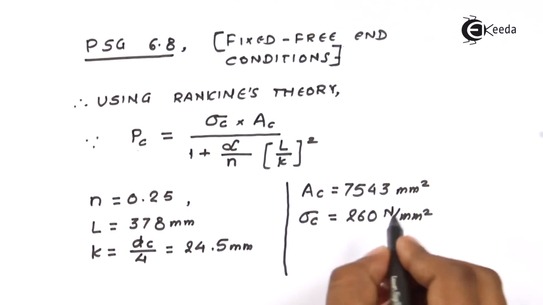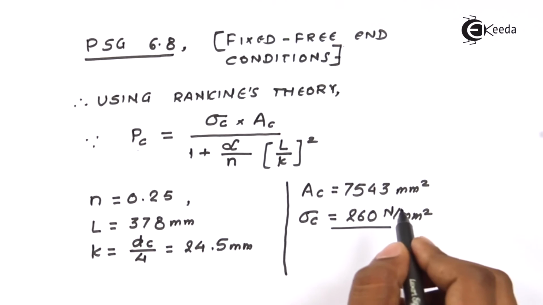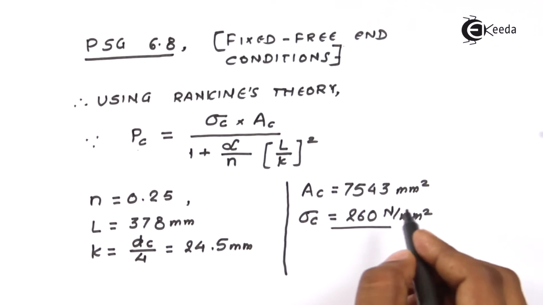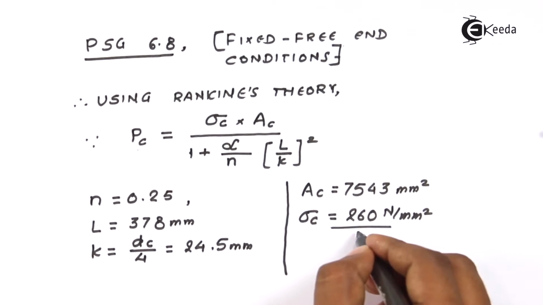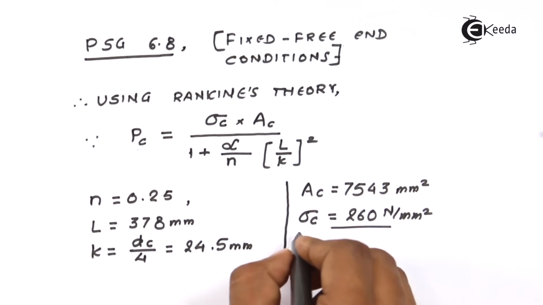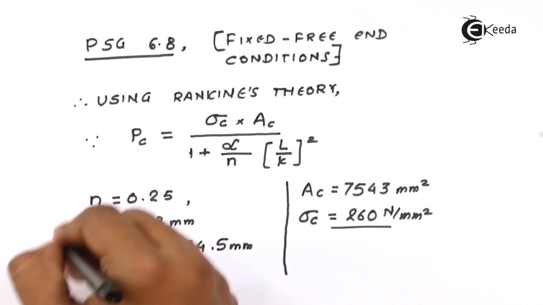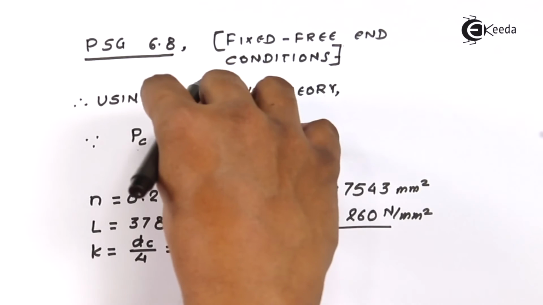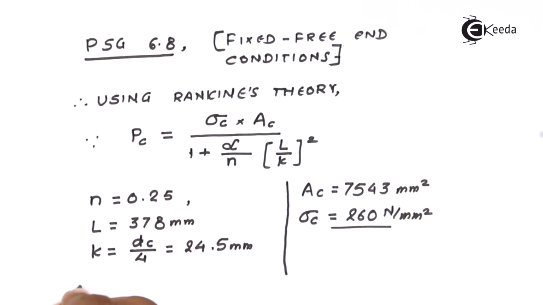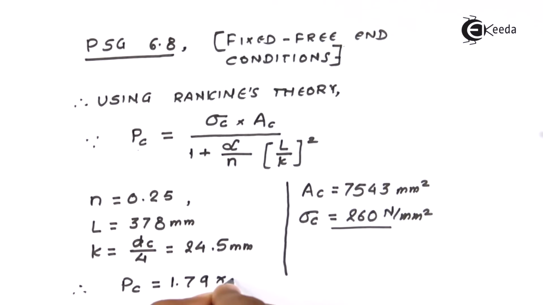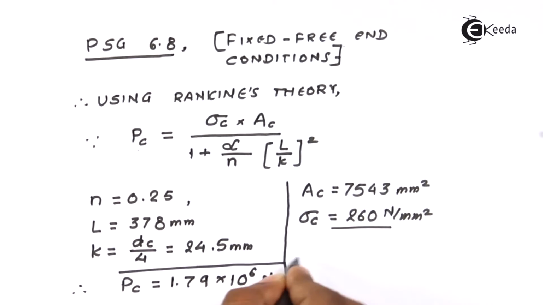So its compressive strength is taken as the same as tensile in our case. Using these factors, if I substitute in this formula, I'll get a crushing load of somewhere around 1.79 into 10 raised to 6 Newton.